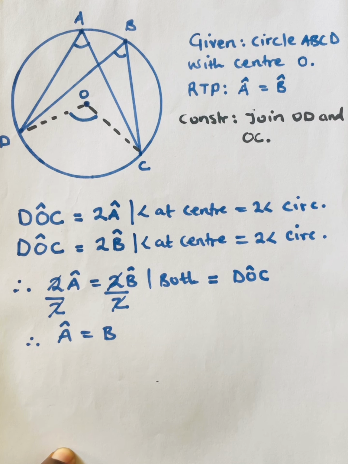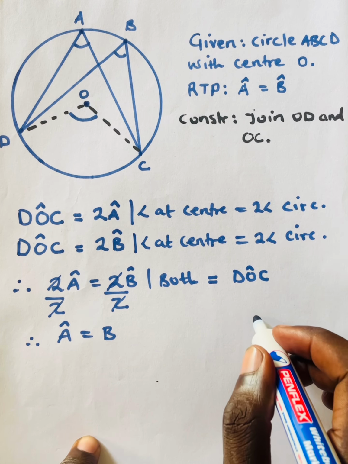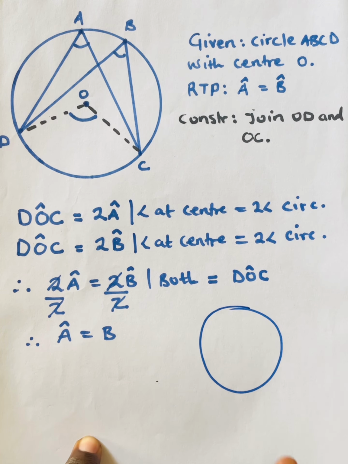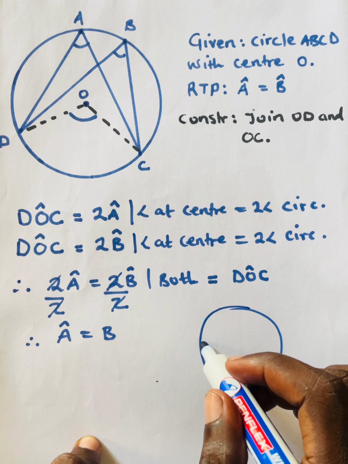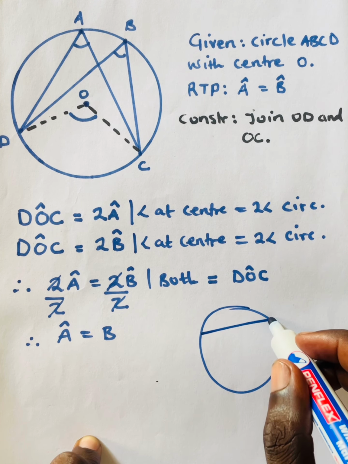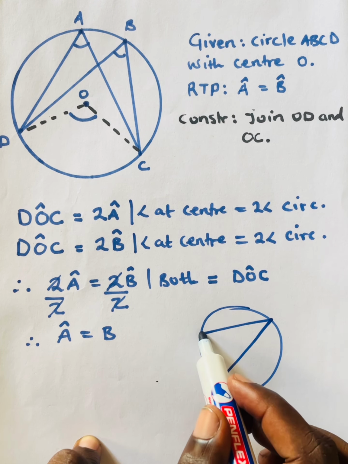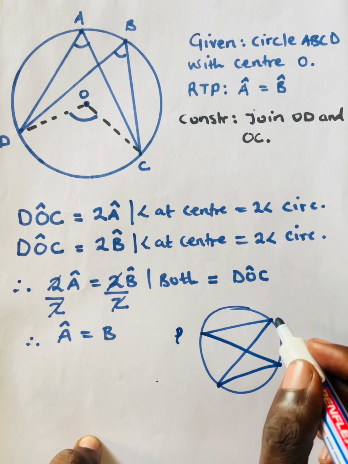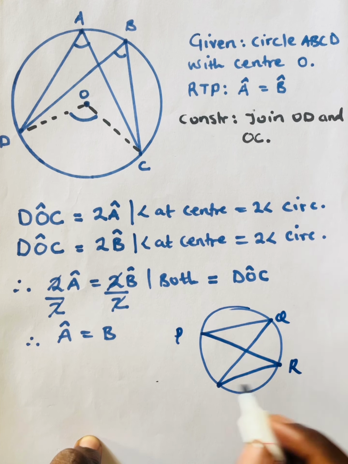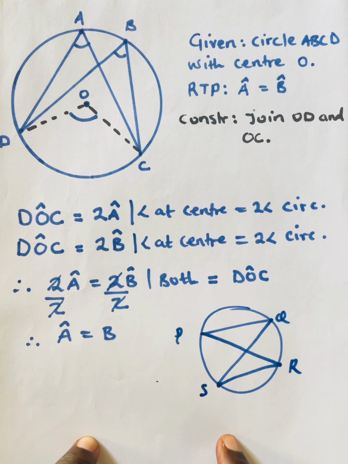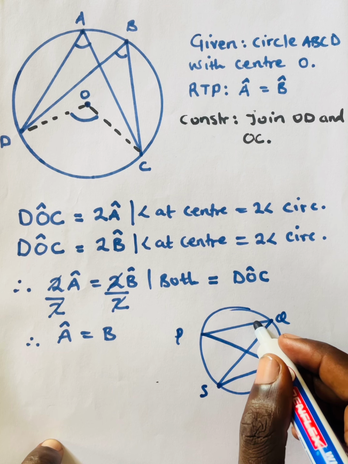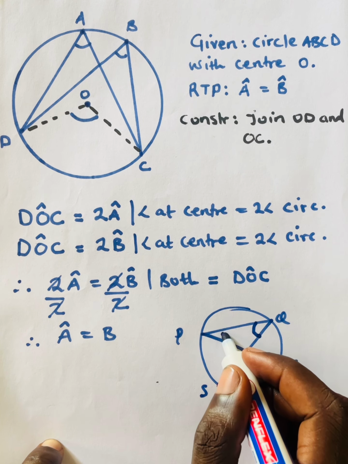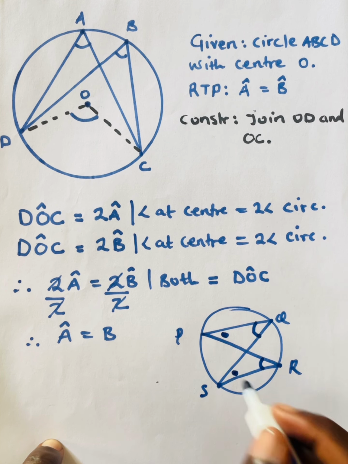But every time you are given a circle and you have this butterfly shape, let's call the points P, Q, R, S, you have to know all the time that angle Q and angle R are equal, and angle P and angle S are also equal.